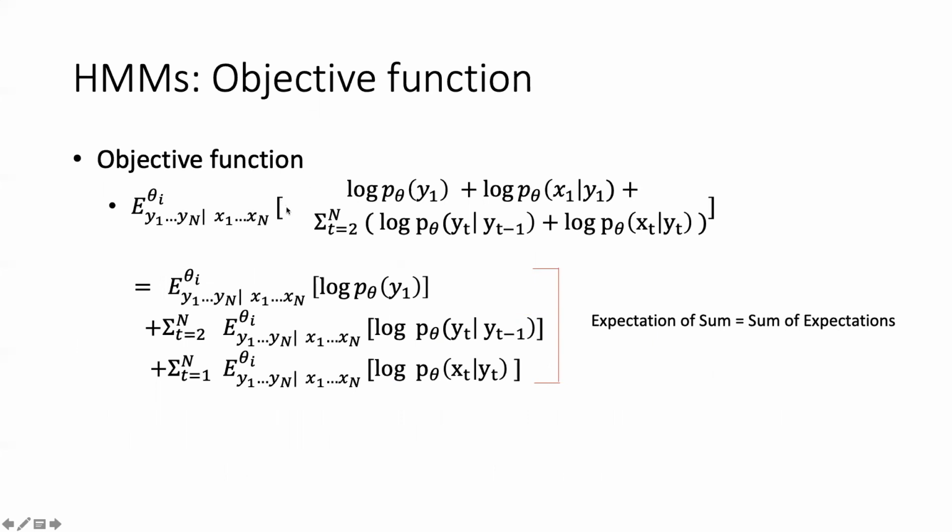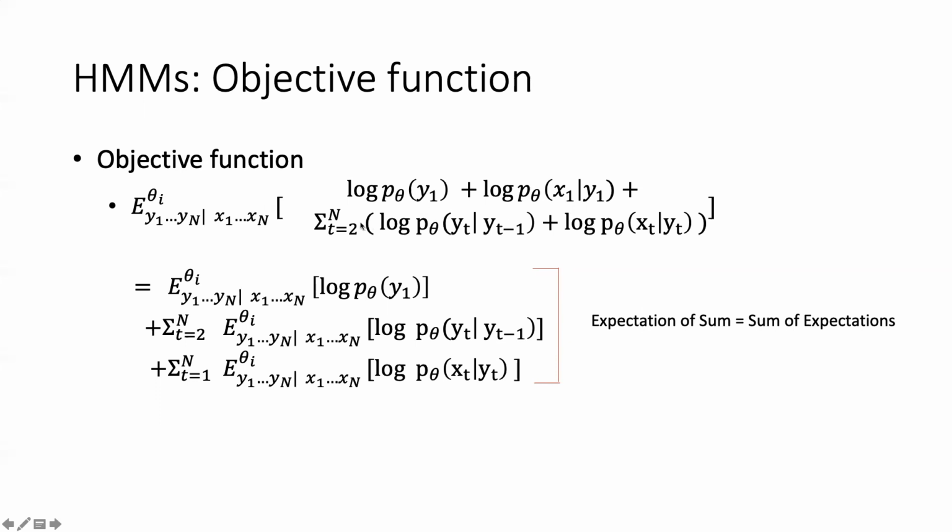By rewriting the joint distribution in terms of initial probabilities, transition probabilities and emission probabilities, and applying the log, we arrive at this equation. We also know that expectation is a linear operator: the expectation of a sum is equal to the sum of expectations.